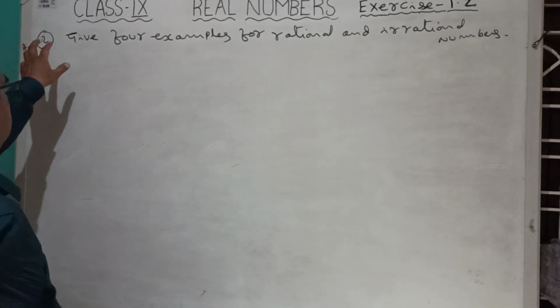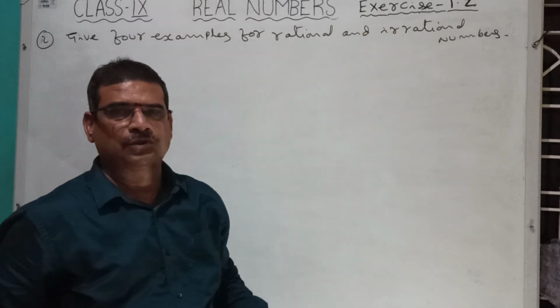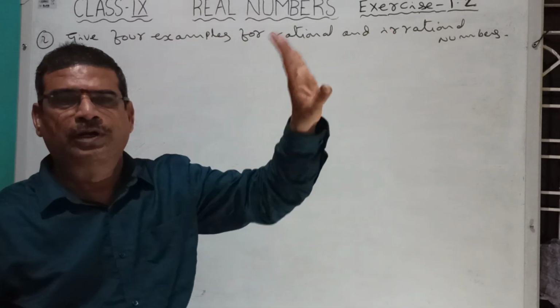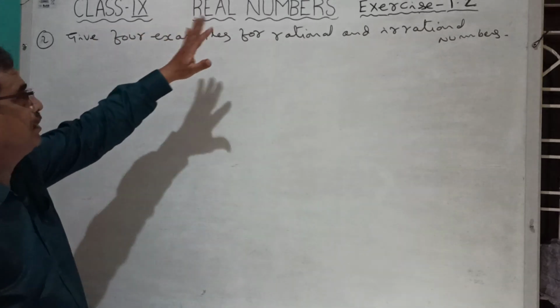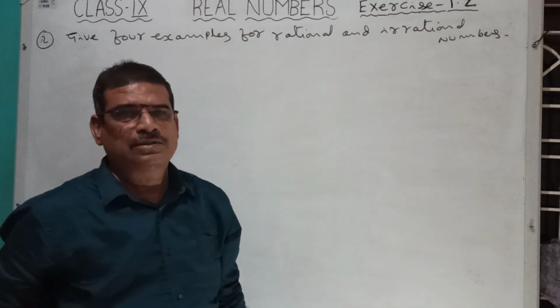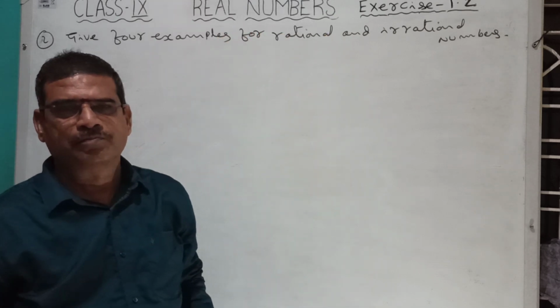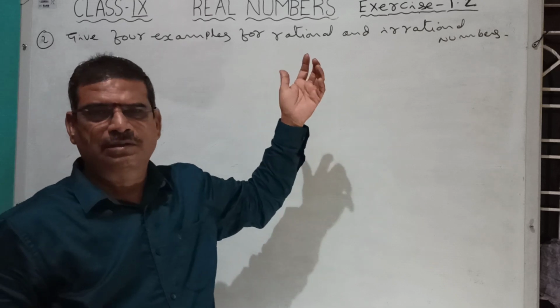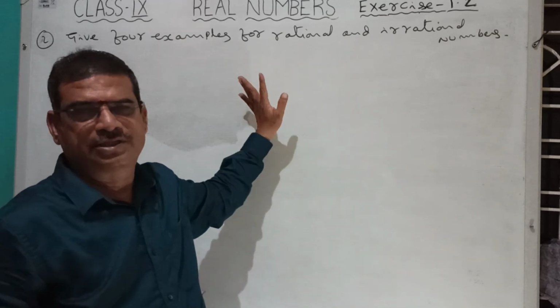So second question is, give 4 examples for rational and irrational numbers. We have to give 4 examples for each. Already I discussed what is rational, what is irrational. So rational means we can convert into P by Q form. Otherwise, that is terminating decimal or repeating decimal.